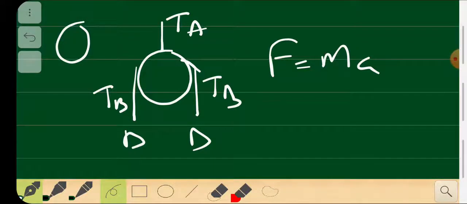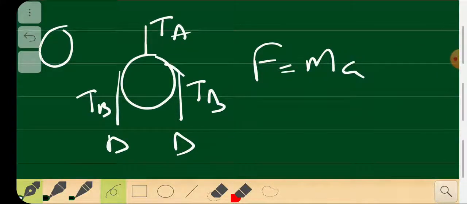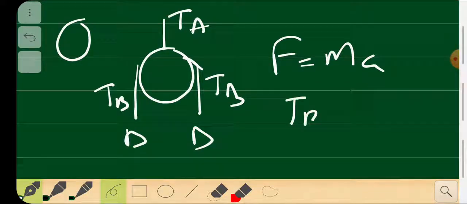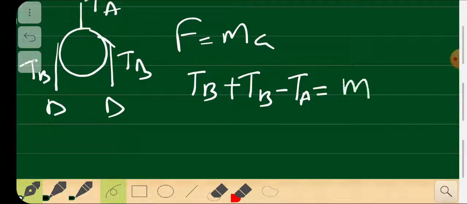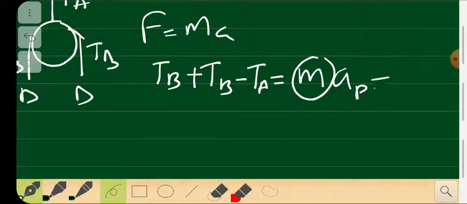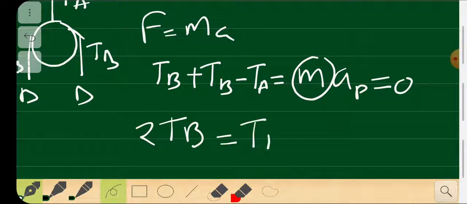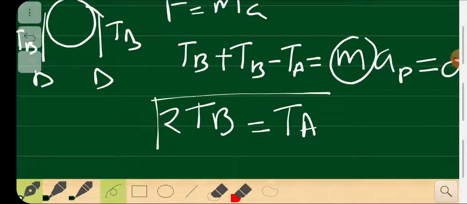Force upwards is taken as negative, so you can say TB plus TB, 2TB minus TA is equal to m of the pulley times a of the pulley. The mass of the pulley is 0 because it's a massless pulley, so this is equal to 0. So now you can say 2TB is equal to TA. What a wonderful result.